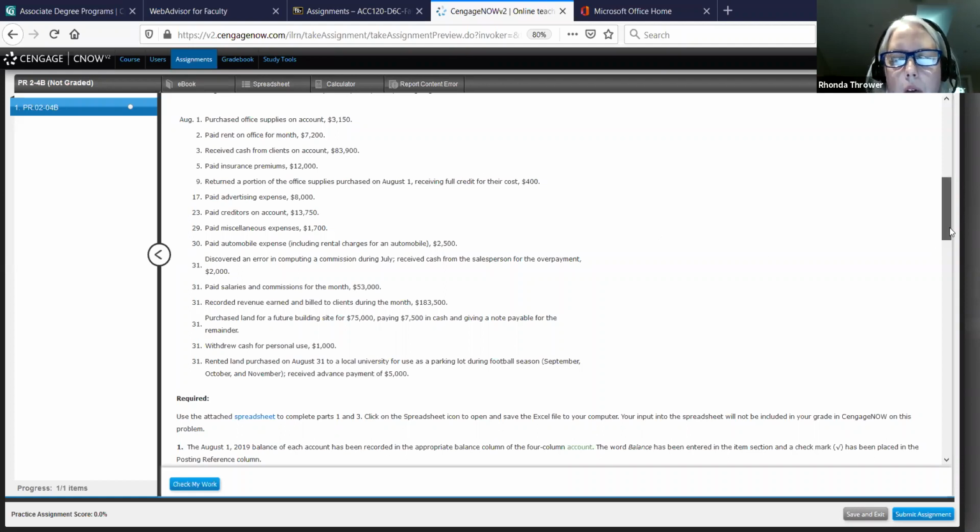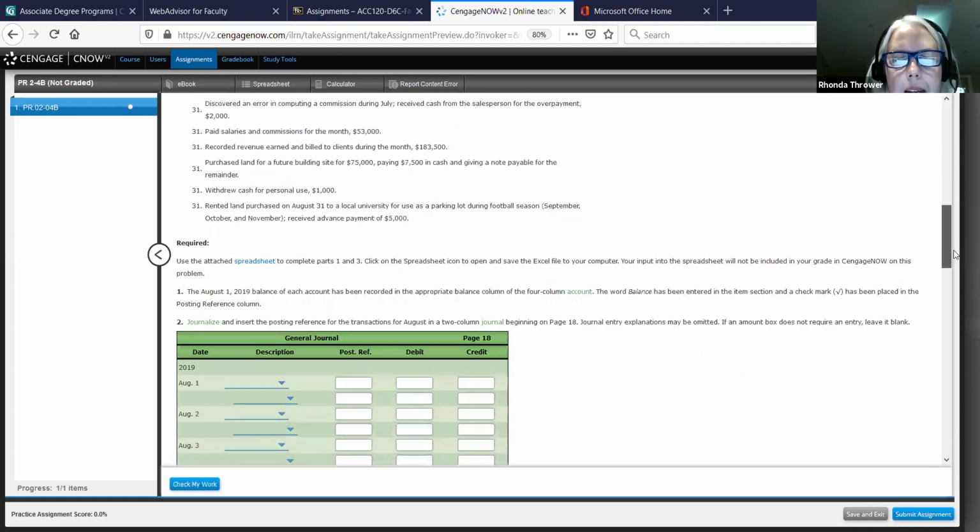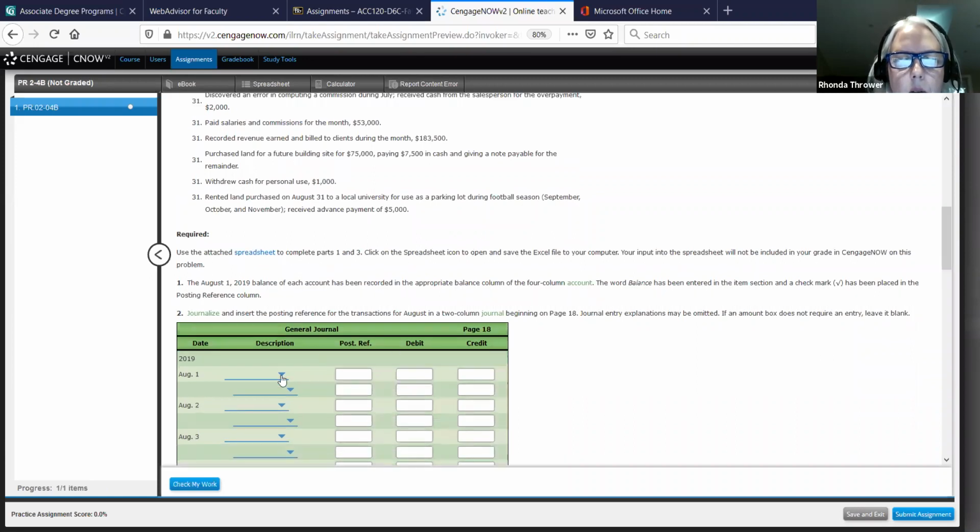In other words, office supplies is an asset account. And in my journal, I always record my debits first. So I'm going to choose the account, office supplies. I'm going to skip over my post reference because we don't do that until we have finished posting to the ledger.